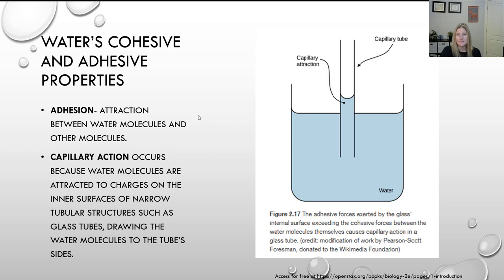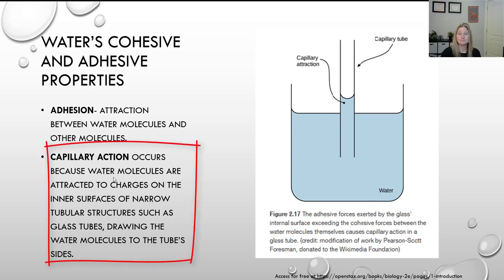This becomes useful in plants and other organisms, where the adhesiveness of water wanting to cling to the sides, as well as the cohesiveness of water molecules clinging to each other, can help draw water against gravity up into, for example, a tree. That's called capillary action.